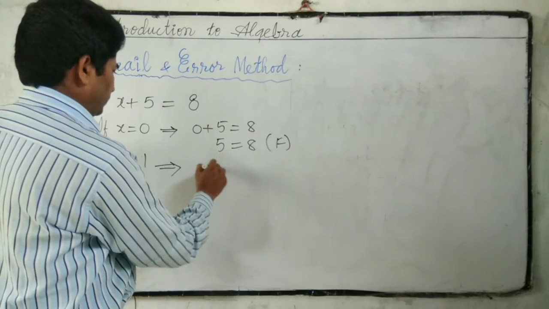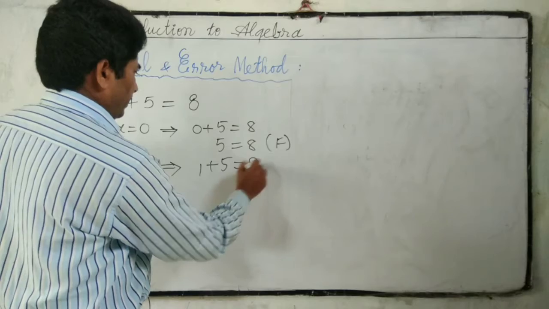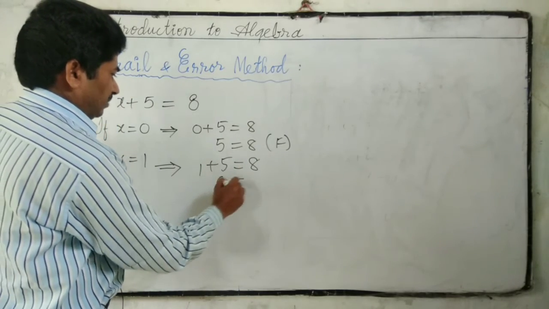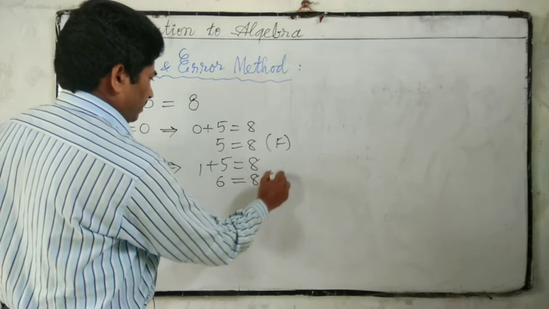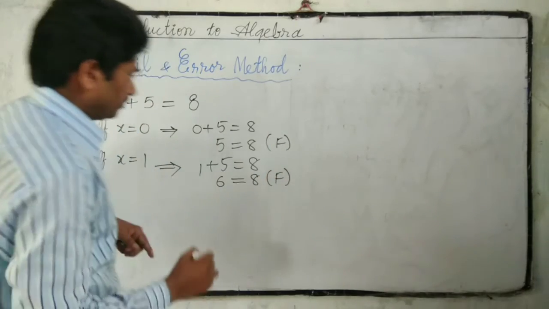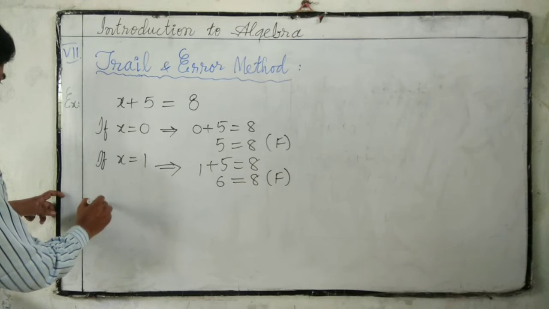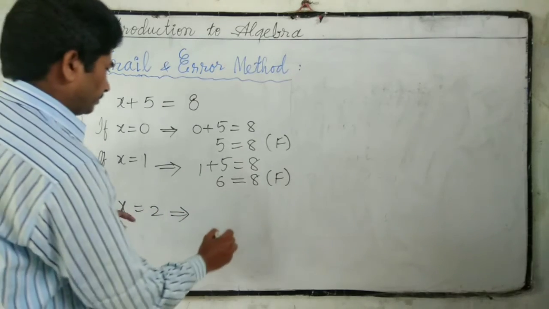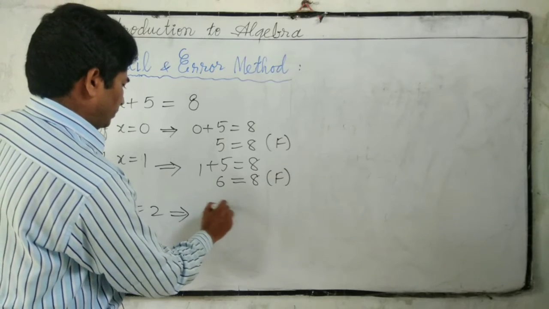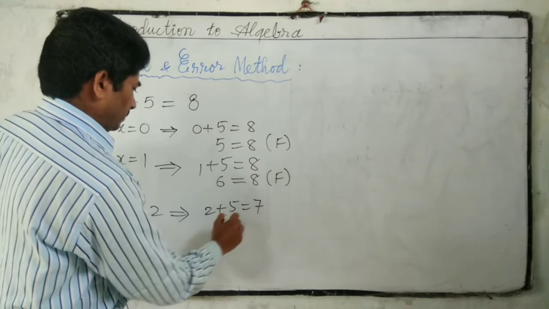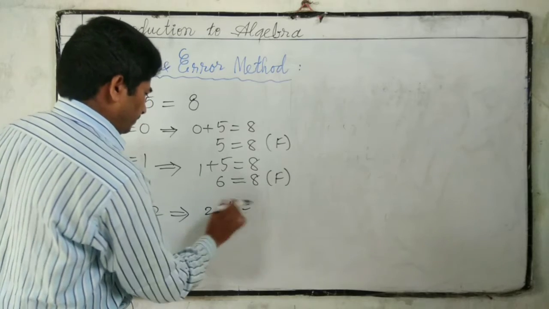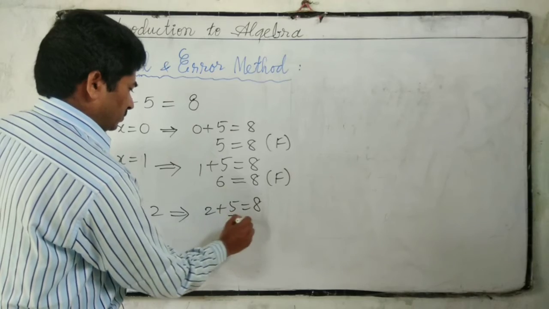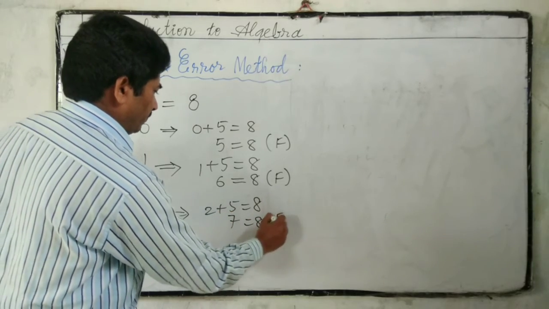Then 1 plus 5 is equal to 8? 6 is equal to 8. This is false. Next, if x is equal to 2, then 2 plus 5 is equal to 8? 7 is equal to 8. It is also false.